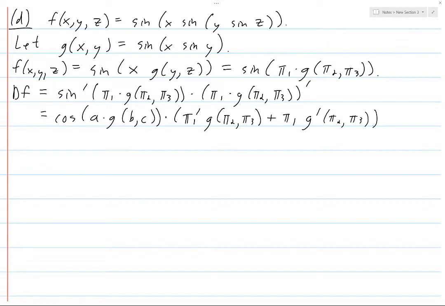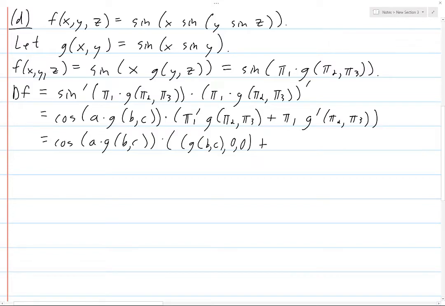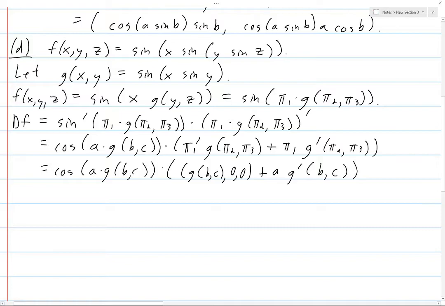And then what we have here is pi 1 is going to give us a. Now normally when you're looking at g of pi 2 comma pi 3, what this really is, is we're taking the derivative of g as a function of b and c. And we know how to do that because we know what the derivative of g is. We use the formula from before.